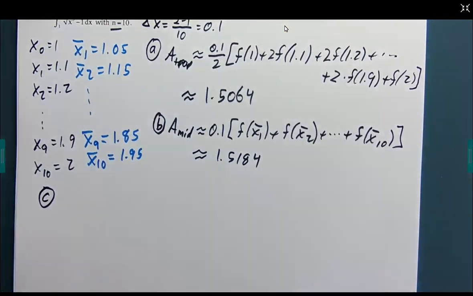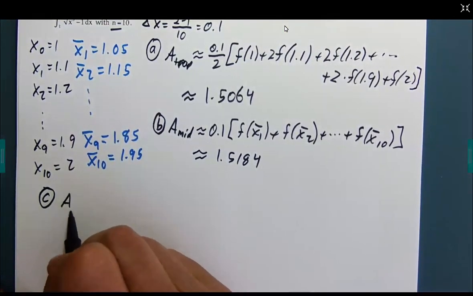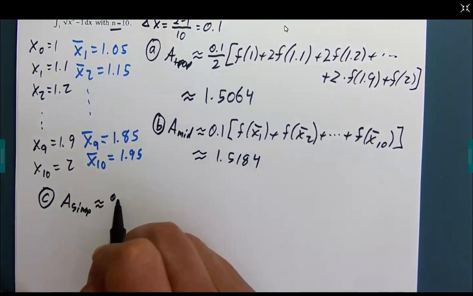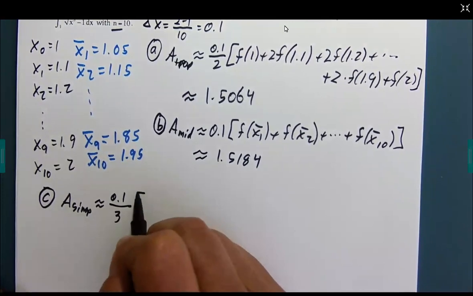And I'm gonna write this one out a bit. So the area Simpson is gonna be 0.1 over 3.